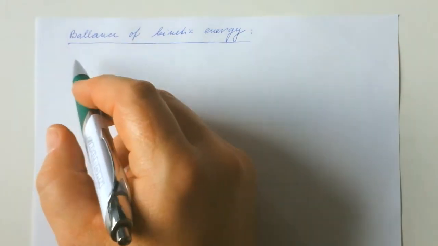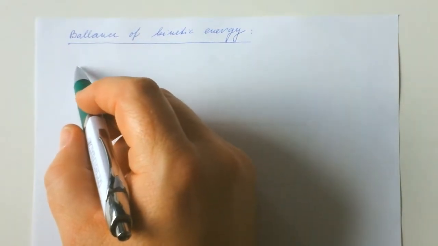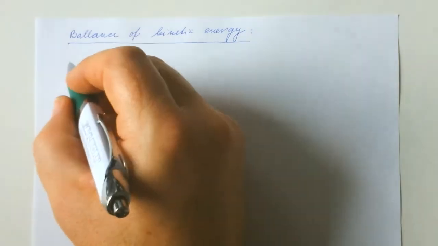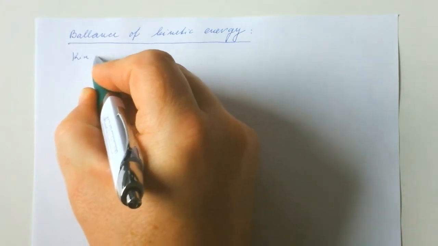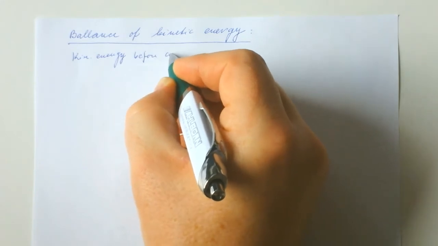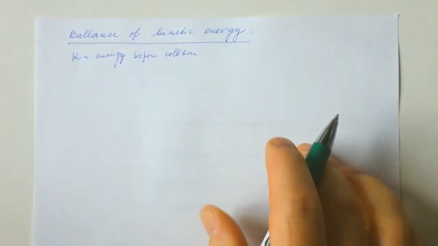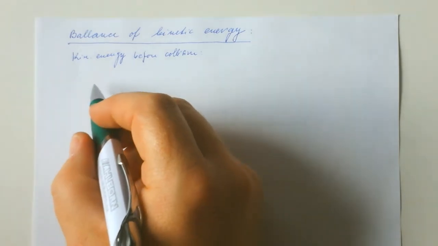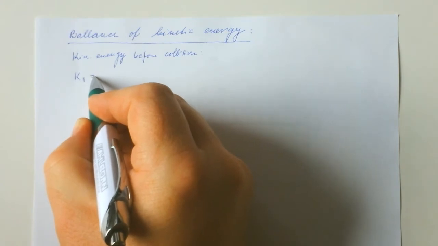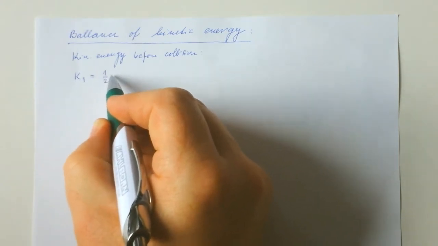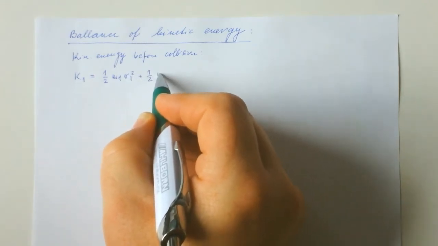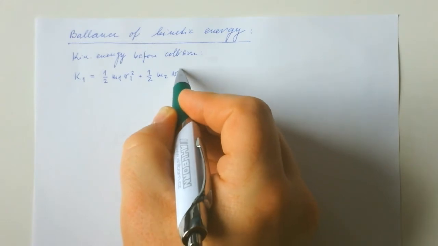Let's now calculate the difference of kinetic energy of the system before and after collision. So the kinetic energy before collision, K1, is equal to a half of m1 v1 square plus a half of m2 v2 square.